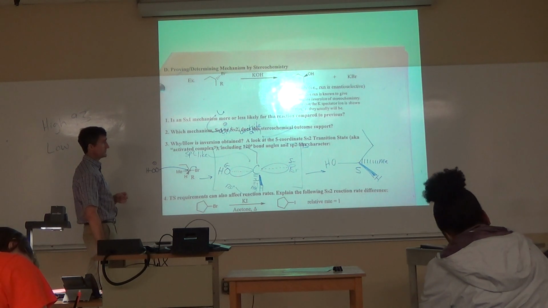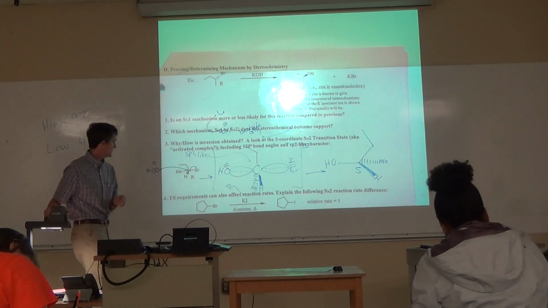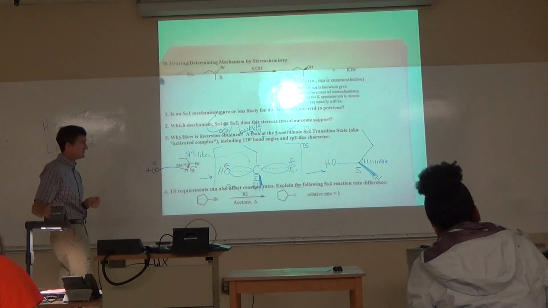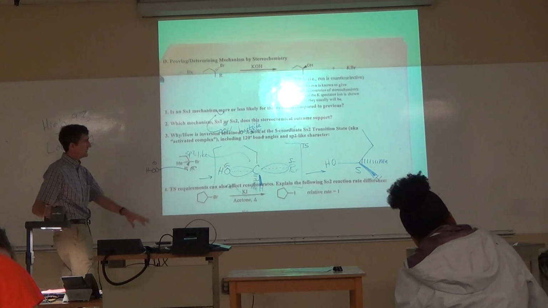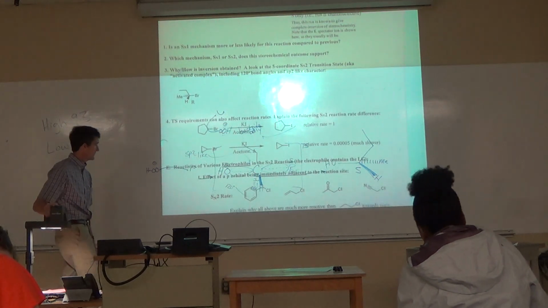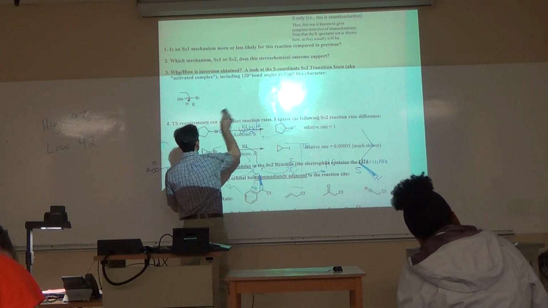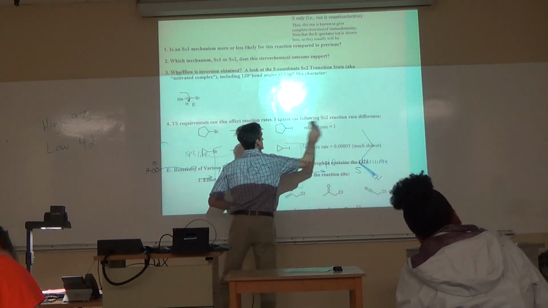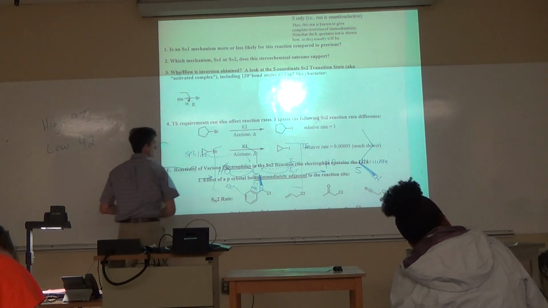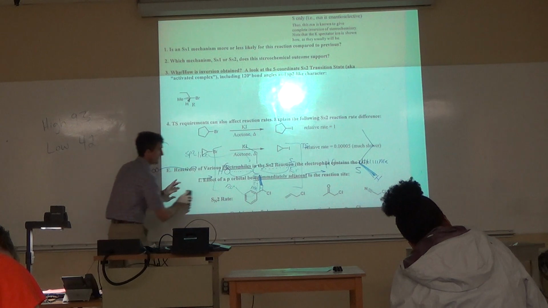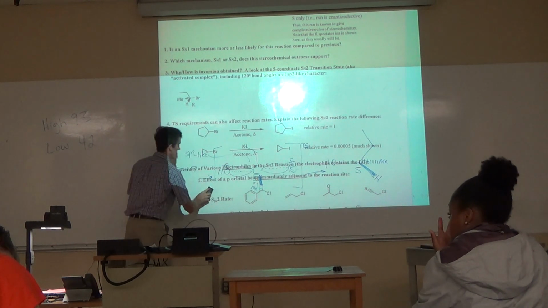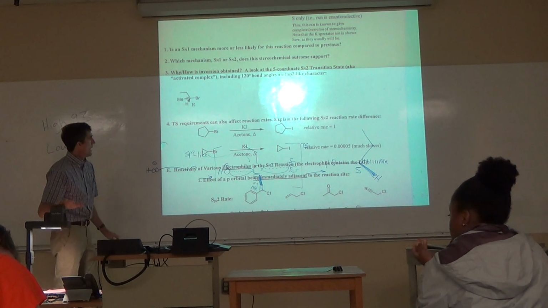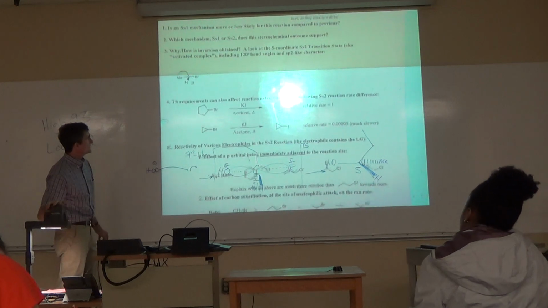This is the inversion. Okay, consequences of this. Reaction rates. I'm going to leave that up there. Let me move this above it. Look at these reaction rates for an SN2.